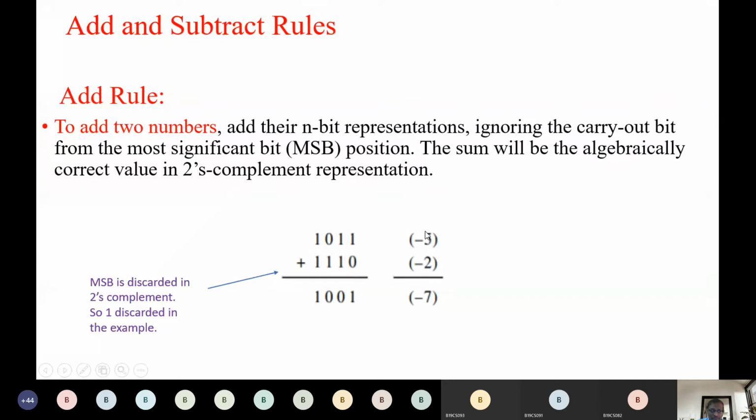And how do we represent 5? 8 minus this 3, we get 5. So this is a -5 representation. Similarly, this entire number, 1 with 3 zeros, we call it 8. 8 minus this one. What is this 110? It is a 6. 8 minus 6 is 2. So 1 we have, so that's why it's minus, and the remaining is 2. So the technique I already told you.